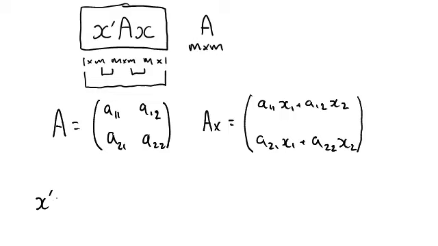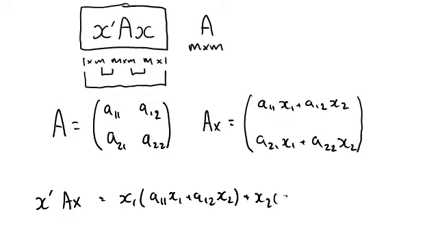And if you calculate x transpose multiplied by Ax, you do the dot product of x and Ax, and that will be x1 multiplied by the first row plus x2 multiplied by the second row.